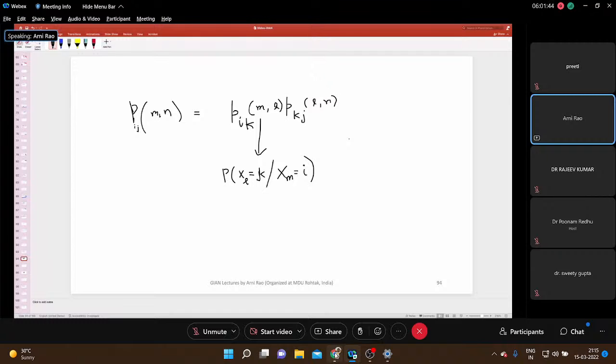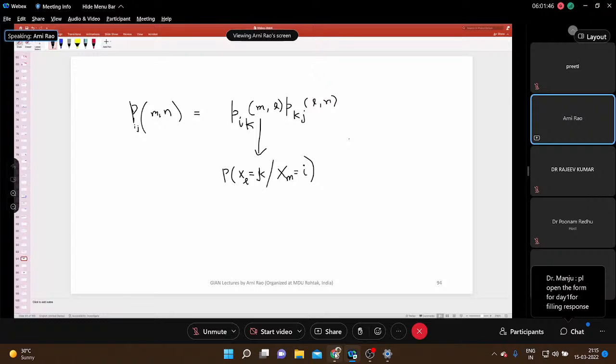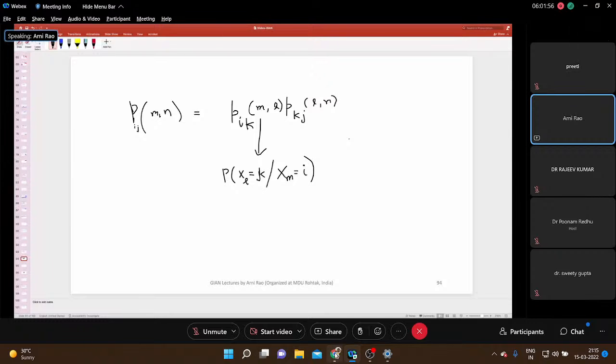In the previous counting process we added because it was this event or that event. Now here it is this event and that event, because i to k and k to j, and ultimately the random variable has to reach j.